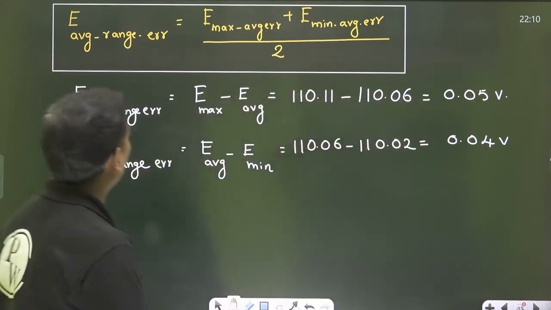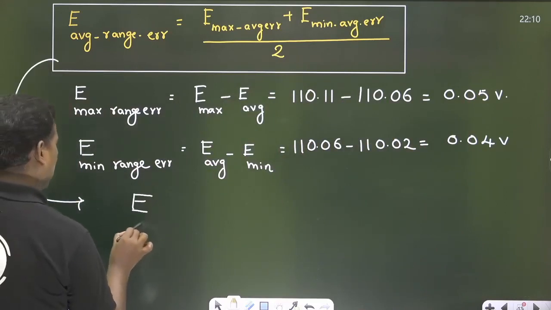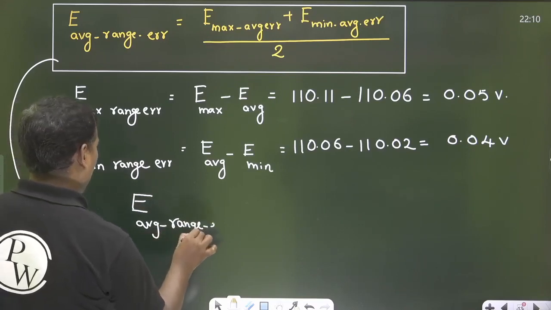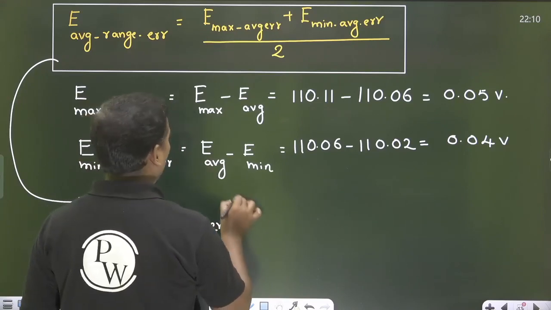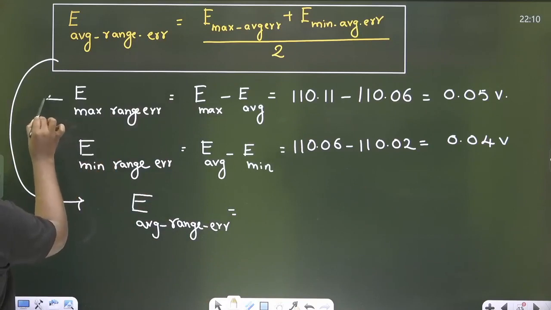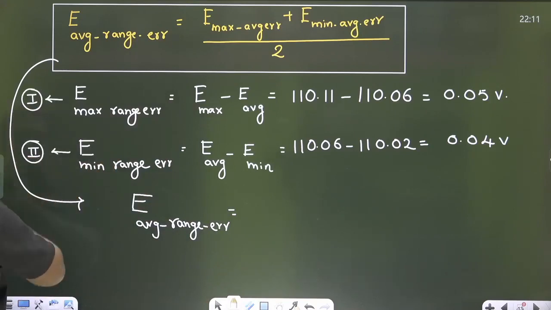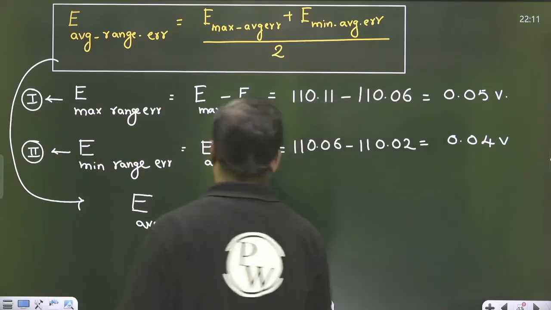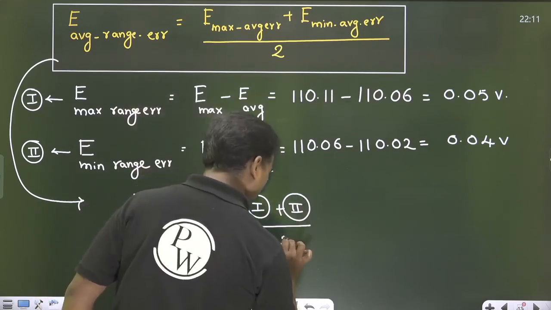Now we can find out the average range error in the voltage. The average range error will be the average of these two, maximum range error 1 and minimum range error 2, so 1 plus 2 by 2.